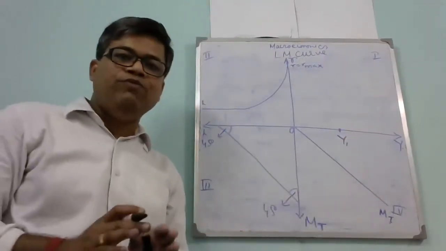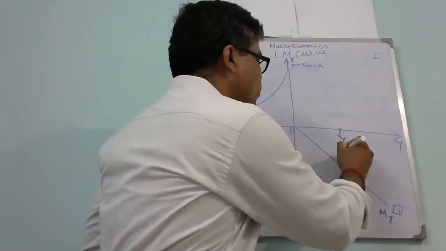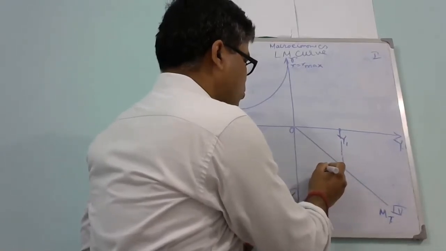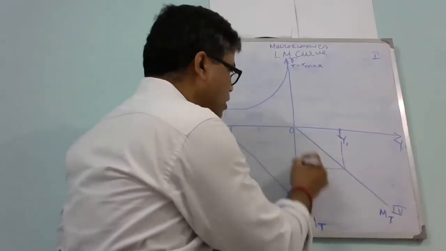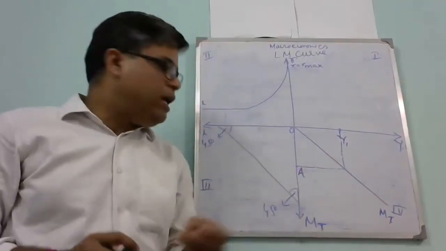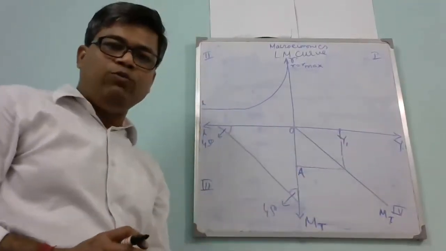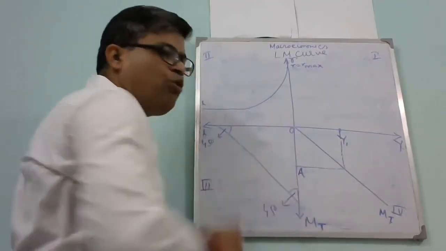At Y1 level of income, what will happen? When the income is Y1, then the total transaction demand for money would be OA, because transaction demand for money is a function of Y. So if the national income is OY1, then the total transaction demand for money is OA.